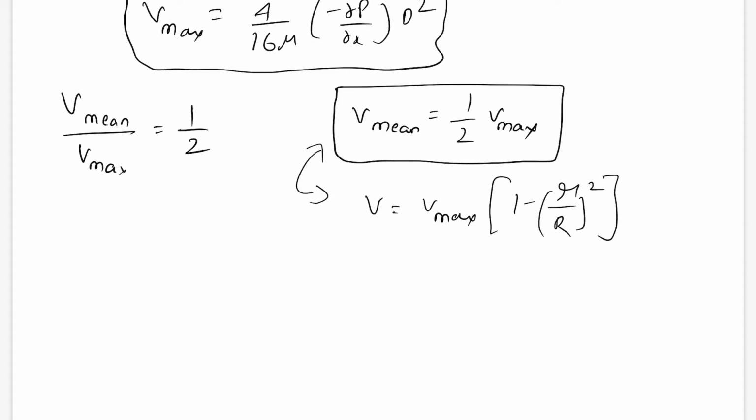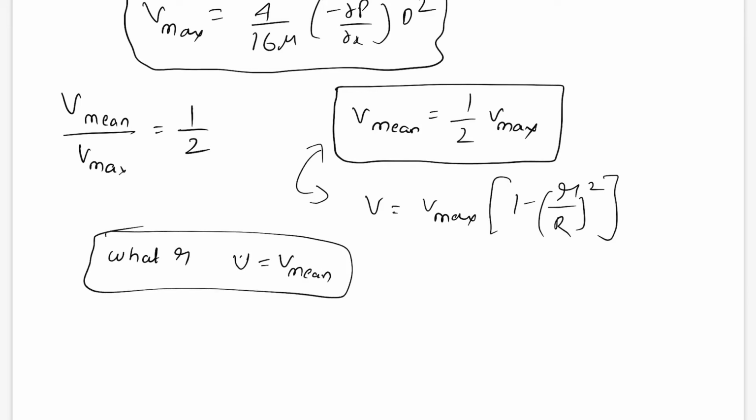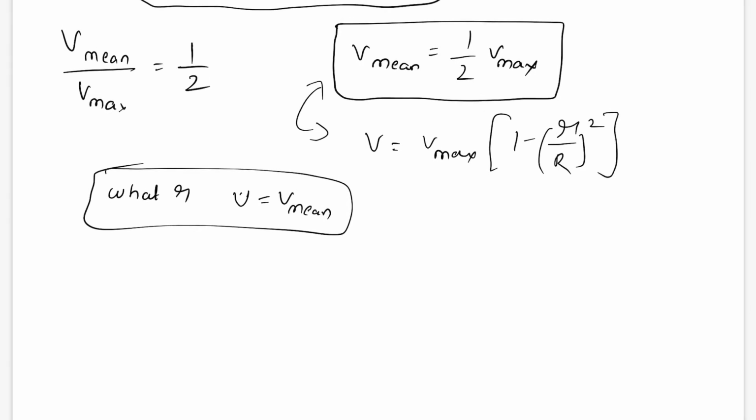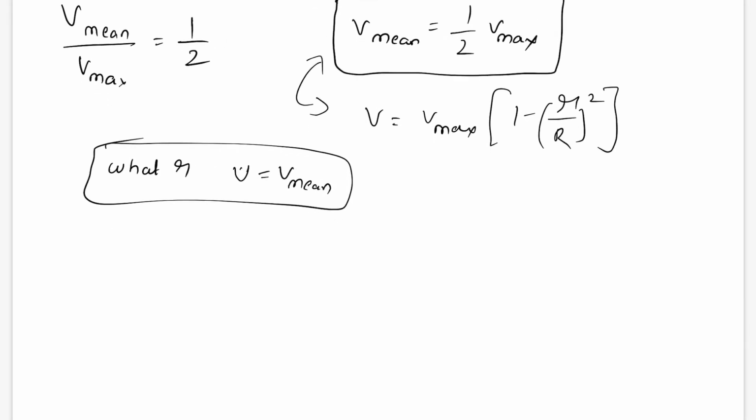Now if we equate these two equations, we'll find out at what radius, that is at what r, v will be equal to v mean. At what radius value will we get the mean velocity? Now we'll equate these two. From here, what is v max?